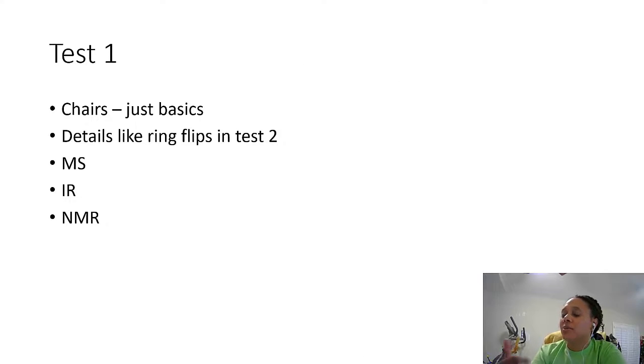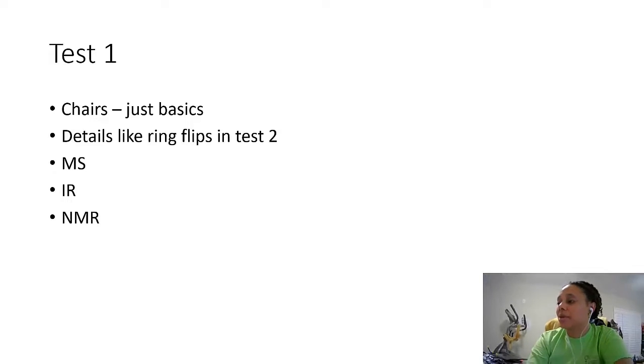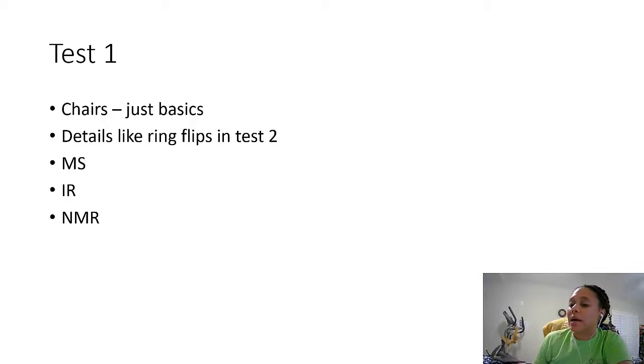All right, so soon test number 1 is going to be coming up, and we're going to be talking a little bit about chair conformers. The beginning of today's material mostly talks about rotating around conformers such as eclipsed and staggered.